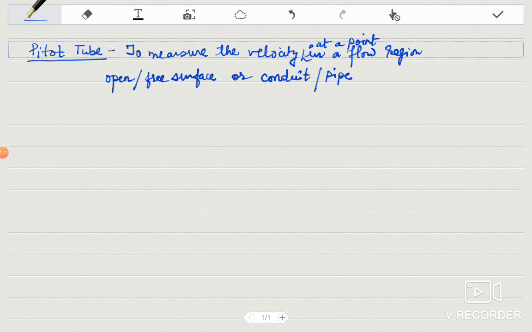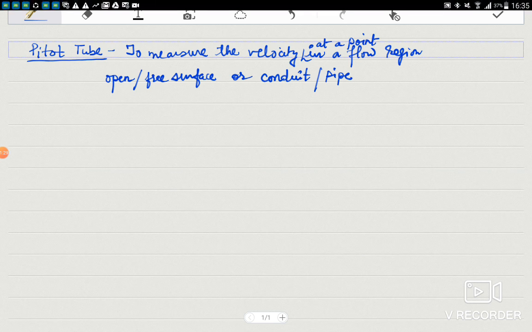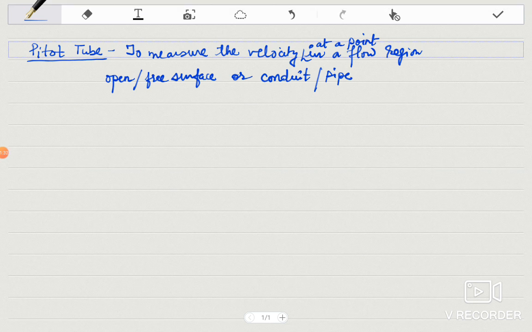So this is a device which is used to measure the velocity at any point of a flow region which may have a free surface, like some fluid flowing with a plate in the lower region and the region above free to atmosphere, or there may be some pipe in which you want to find the velocity at a particular point.